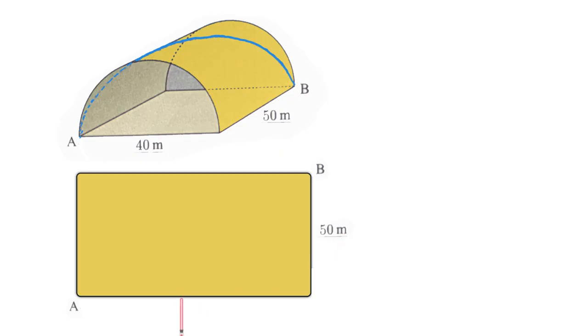Now if you flatten this hangar, this will no longer be 40 meters, but it will be half the circumference of a circle with a diameter of 40 meters.